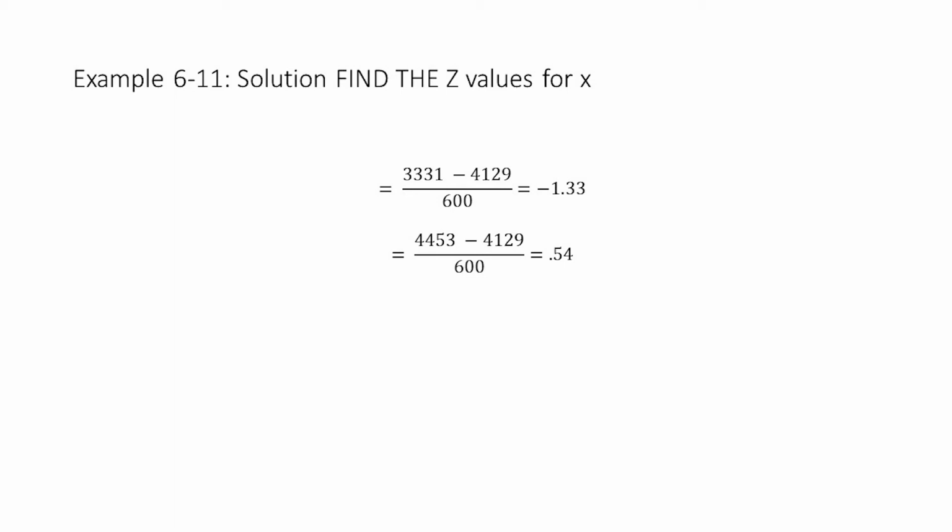You can see that these two formulas are the same except for the 3331 and the 4453. Those are the X values in the Z transformation formula. So the lower value has a Z score of negative 1.33, and the higher value has a Z score of 0.54.